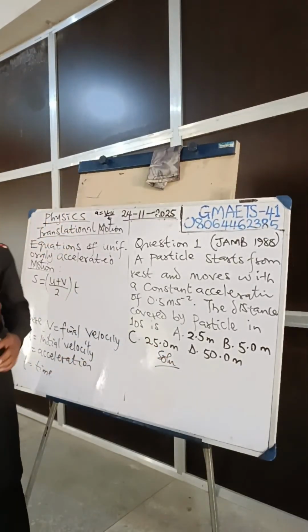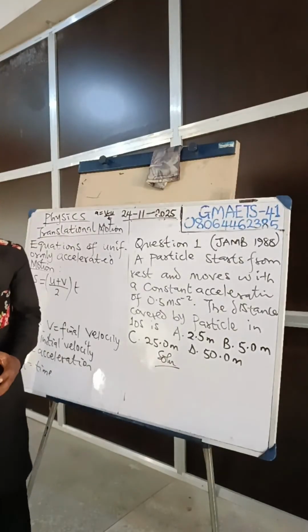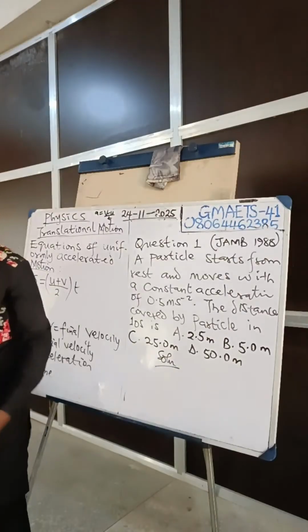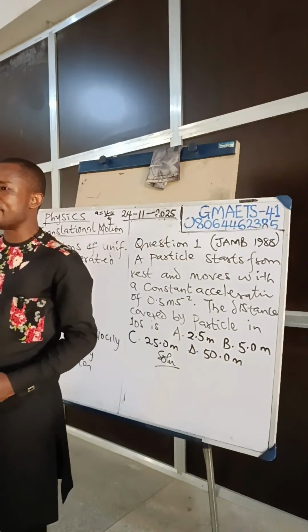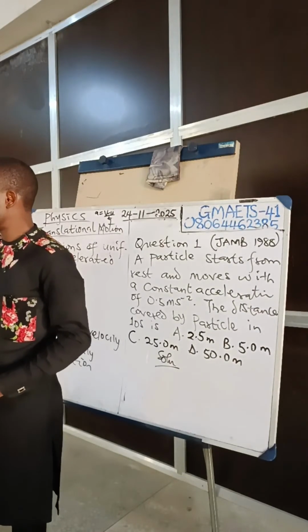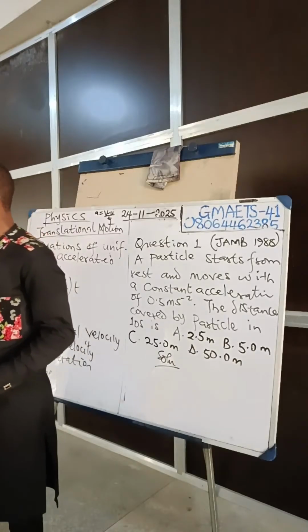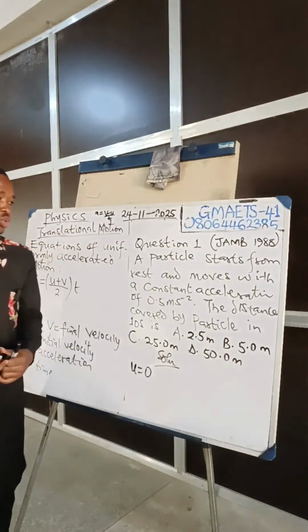Let's look at the question very well. We are told that a particle starts from where? Rest. When you are told that a motion starts from rest, what is the implication? Initial velocity is what? 0. So we know that u is equal to 0 for this question.